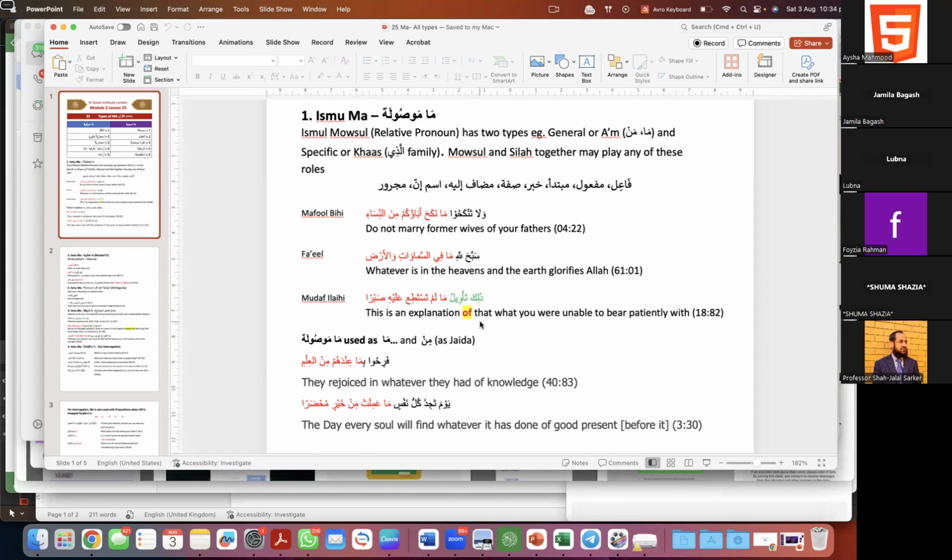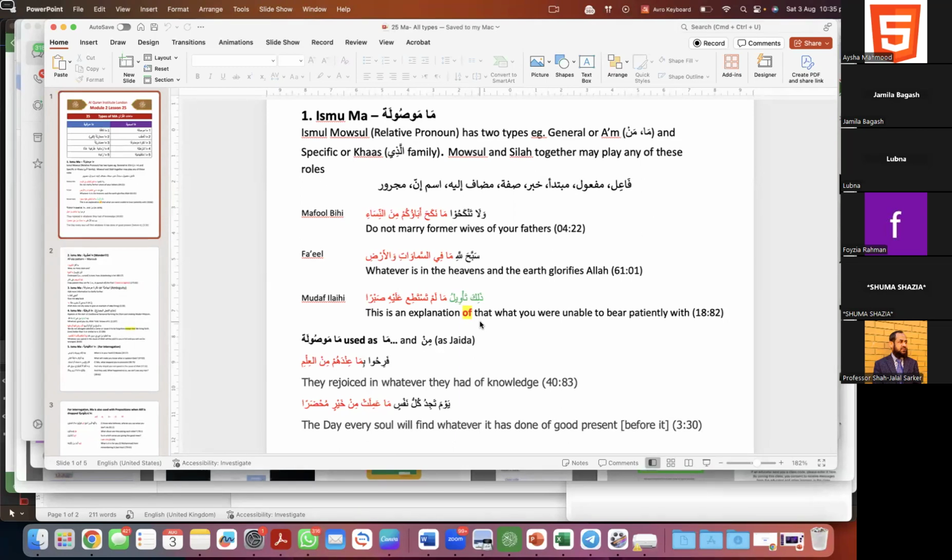Ma, man: these are the ordinary types of Ismul Mawsul. Now the specific, khas, definite, which is the complete Allazi family. So the two types: one is general or common, in Arabic am, and the other is specific or khas, that is special, definite, the Allazi family. These are known to you so far; I just gave two new names.